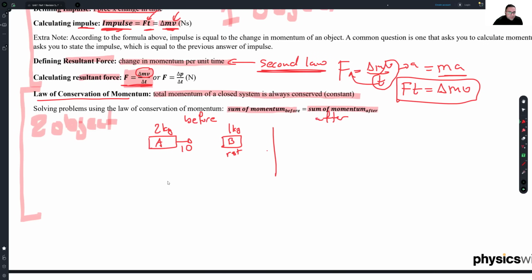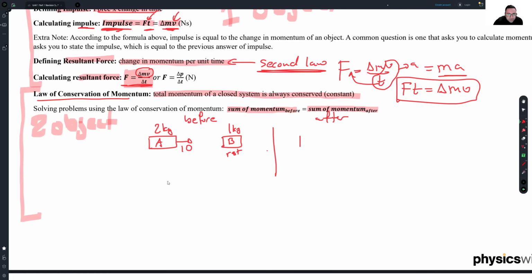After they collide, the question has to always tell you what happens after a collision. So after they collide, B could move and A could stop. A and B could move, but at different speeds. A could rebound back, but B moves forward. Or A and B could stick together. There are different scenarios. The question has to emphasize what scenario this is.